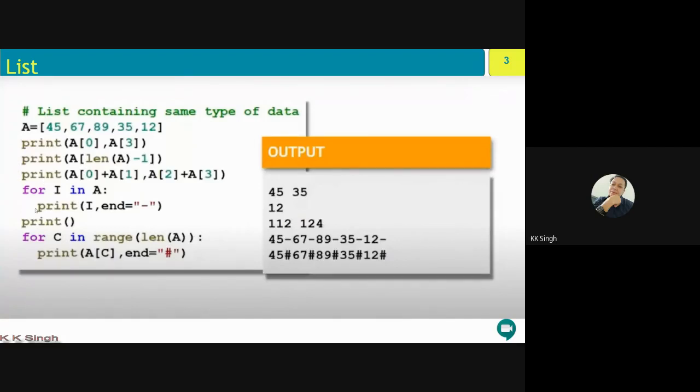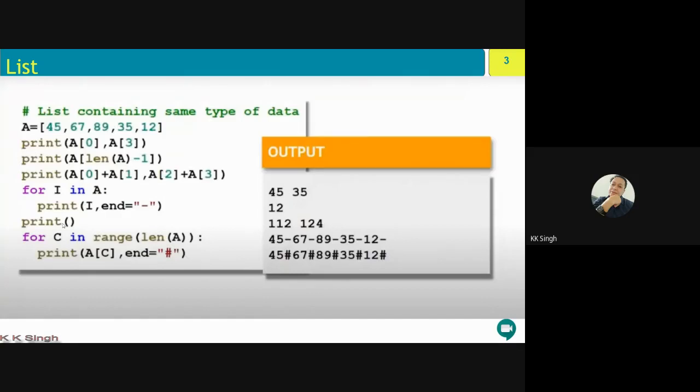When I say print i, it will print the first element, 45, then a dash, then 67 and a dash, and so on. After printing the entire list, it will come to the print statement, and due to this print statement, the cursor will change the line and come to the next line, so that the next printing will be done on the next line.